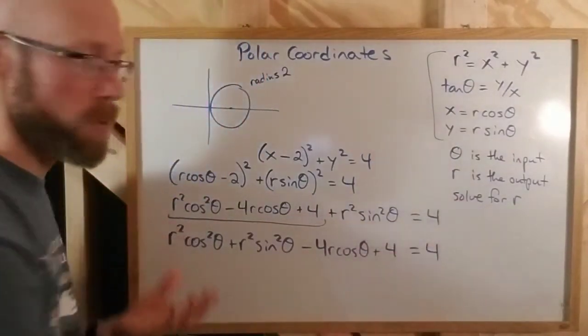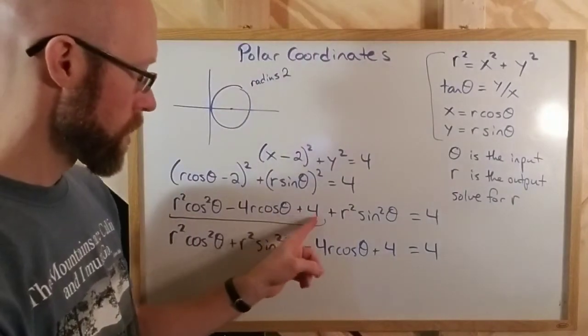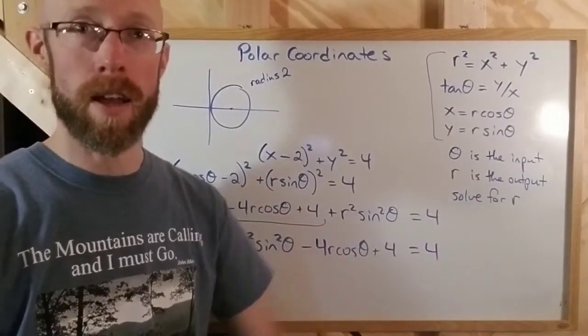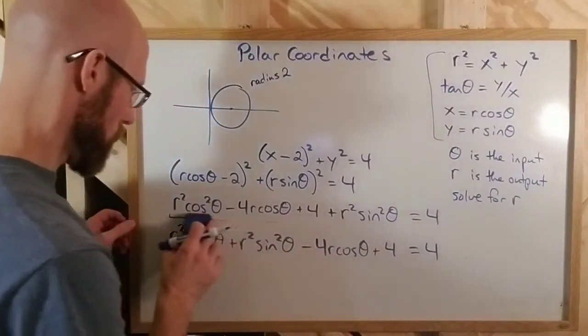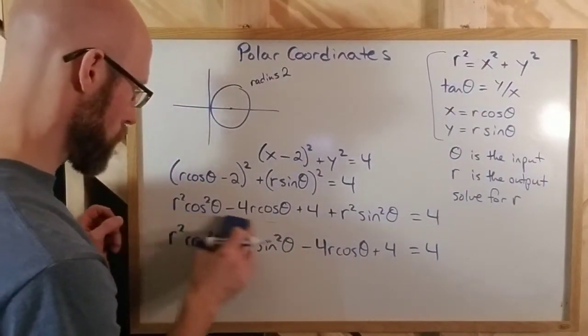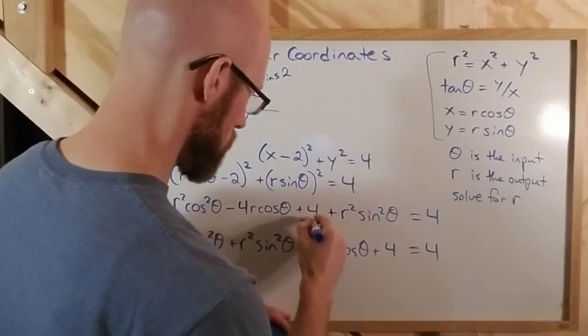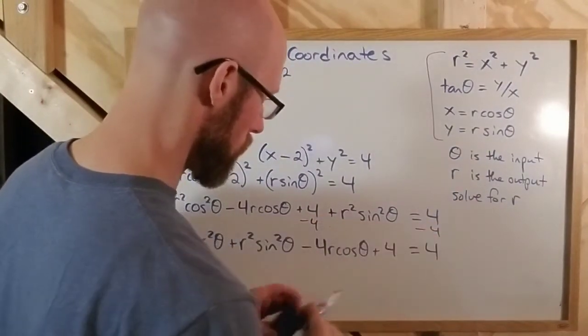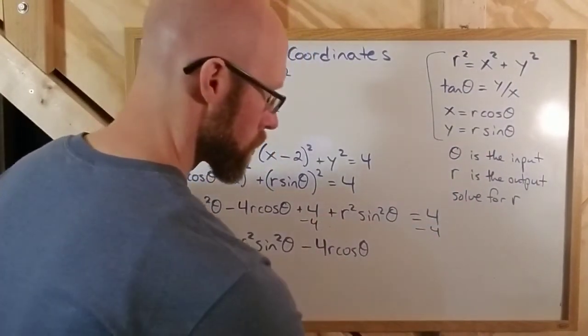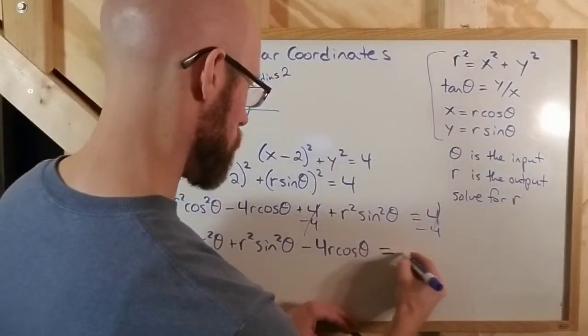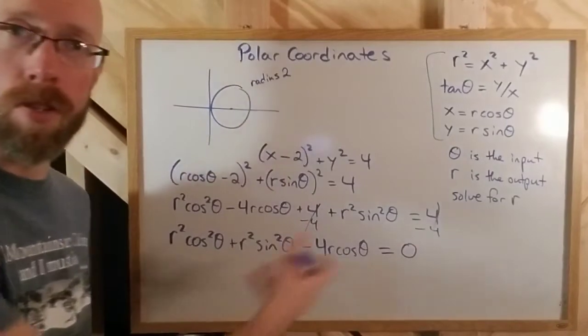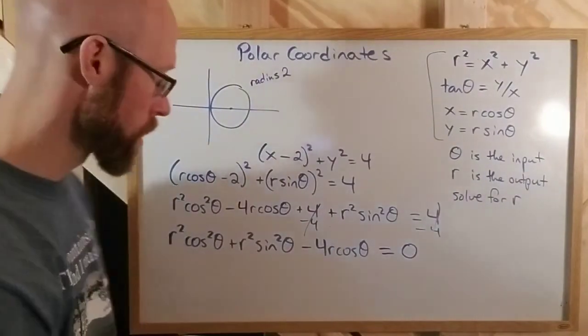Well, actually, before I even go further than that, I got a plus 4 on each side. If I were to subtract 4 from both sides of this equation, I can eliminate some terms right away. So let's subtract 4 here and here. Both of those 4's will drop off, and we'll be left with no constants, just a 0 on the right side.